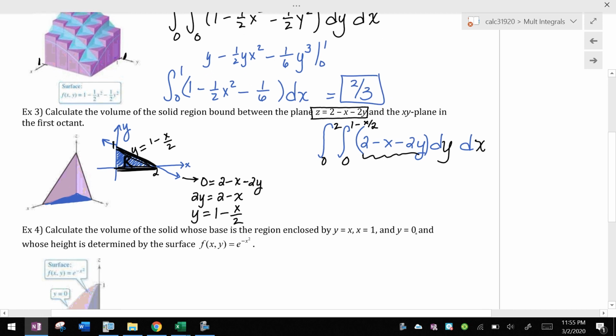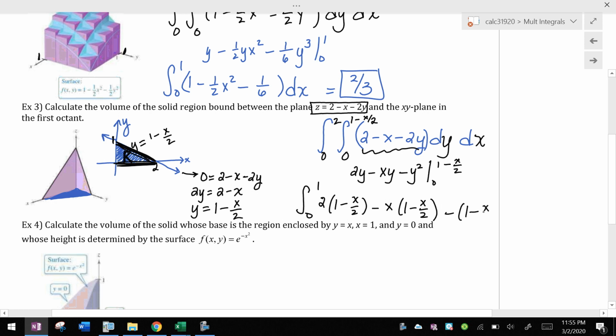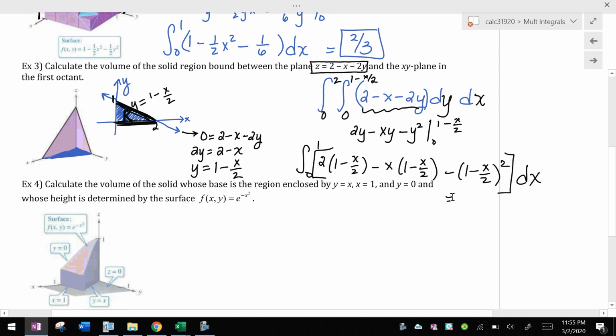So now if we want that volume, my integral with respect to y is 2y minus xy minus y squared from 0 to 1 minus x over 2. So 2 times 1 minus x over 2 minus x times 1 minus x over 2 minus 1 minus x over 2 to the second. And then when I plug in 0, everything goes to 0. And now I got to throw this thing into the calculator and get an answer.